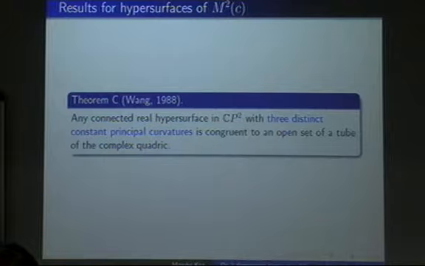The study of hypersurfaces in two-dimensional complex space form has some difficulties. So many results for hypersurfaces are given under the condition that the ambient space is CP^n with n greater than or equal to 3. In this talk, we mainly treat hypersurfaces in M_2(c).